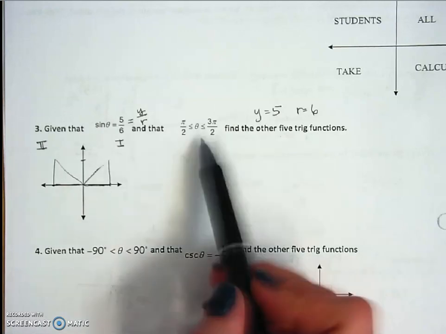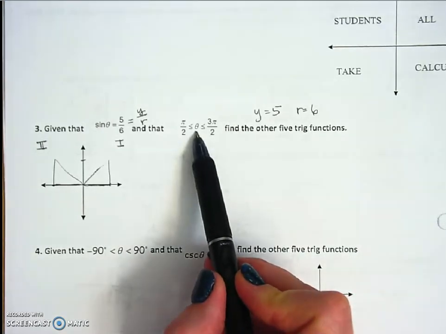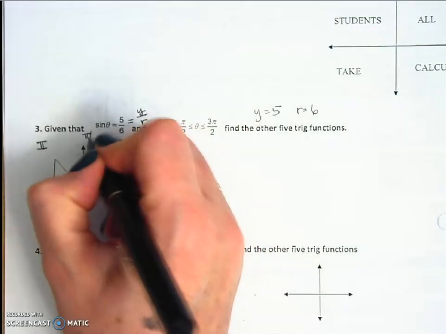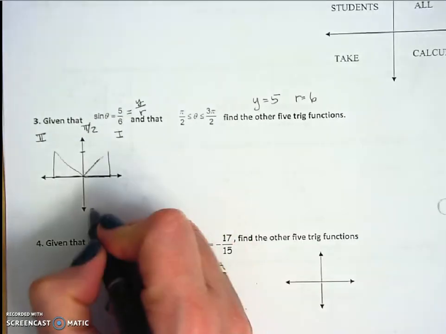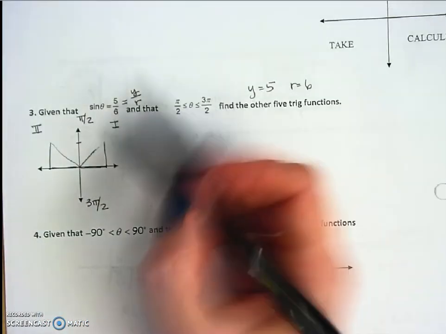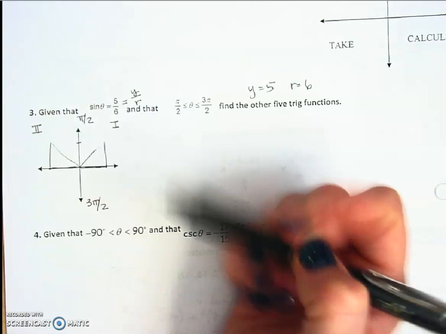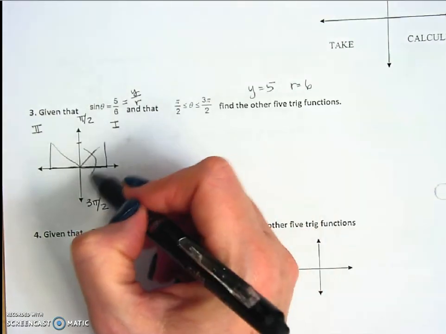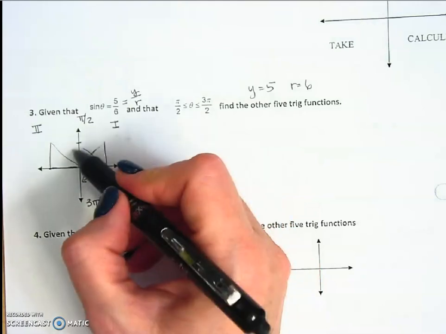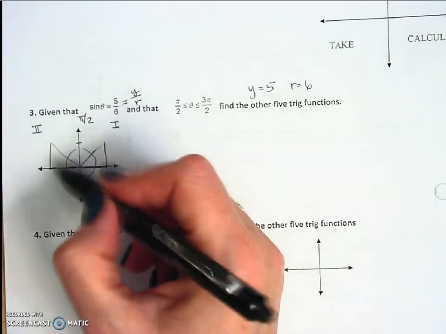So the way I figure that out is here. I have this domain restriction on theta. It's got to be between pi/2, which is here, and 3 pi/2, which is here. A lot of times students ask me, am I going from pi/2 to 3 pi/2 this way, which would mean keeping this triangle, or am I going this way, which would mean keeping this triangle?